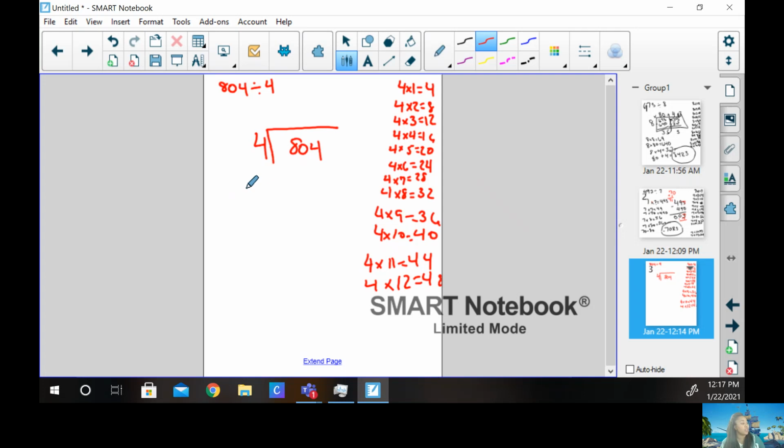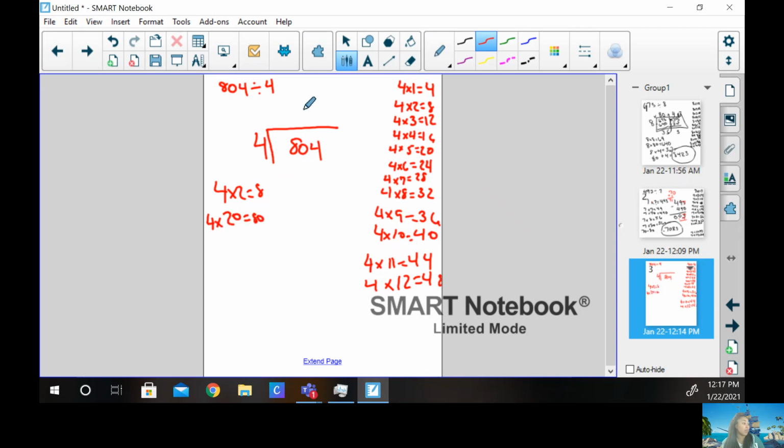Okay, so my first thing I always tell them is how many times can 4 go into 8? Well, we go to our cheat sheet and we see that it can go in 2. Well, I have a 0 here, so that means 80. I can make that into an 80. So if 4 times 2 equals 8, then we know that 4 times 20 equals 80.